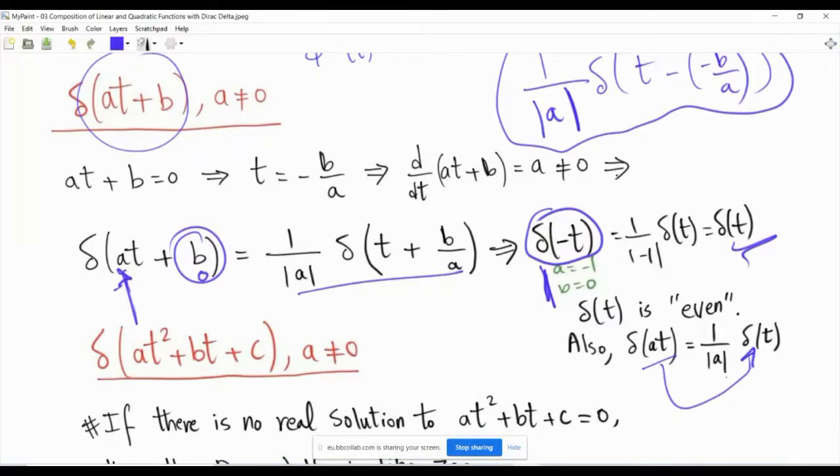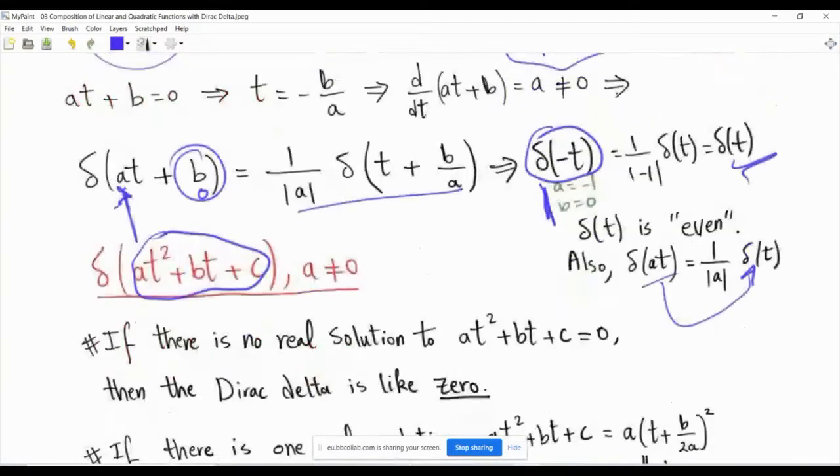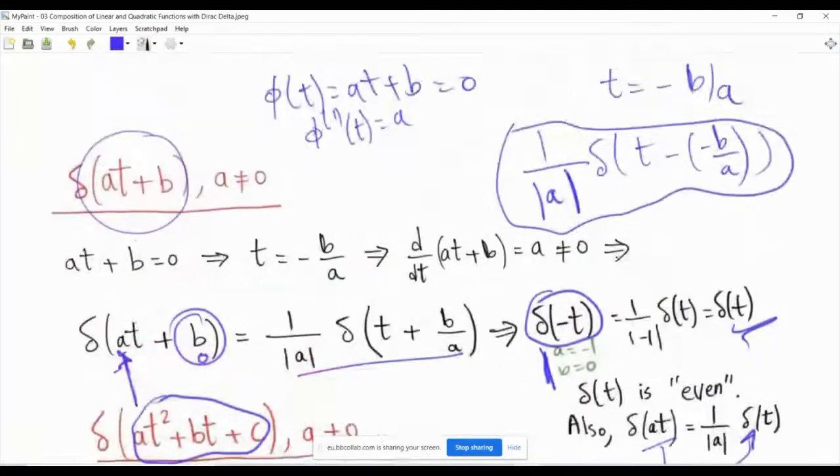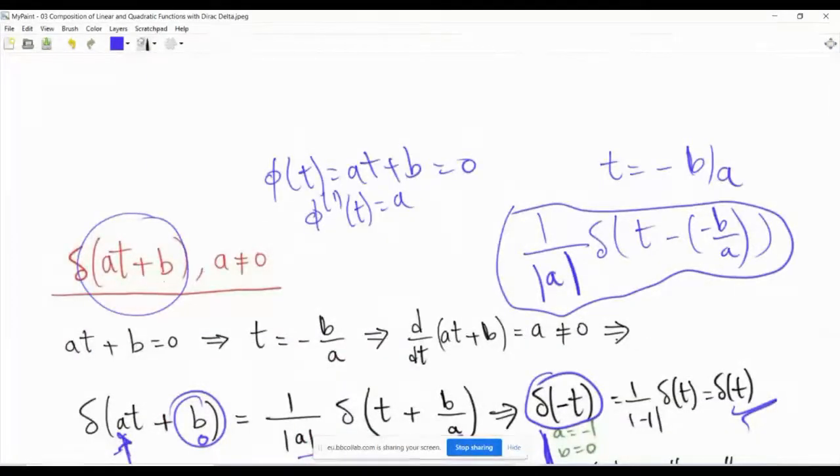Now let's go a bit more. This is actually the objective of the previous slide: can we have a Dirac delta of a quadratic function of t? It turns out that yes, this can be defined, not for every quadratic function, but for many of them, as we will see. The quadratic function is different from the linear function.